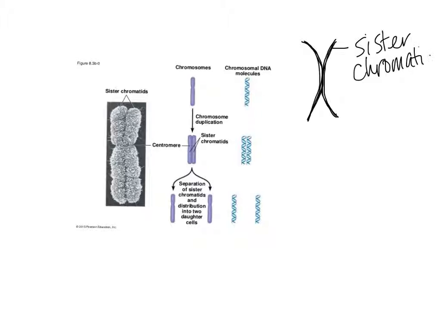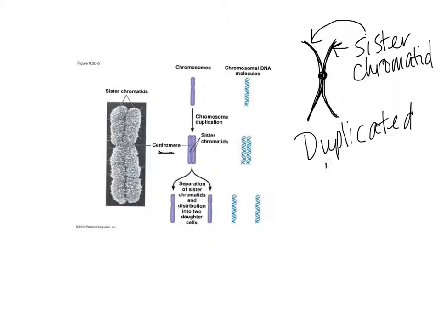Remember how we replicated it? So this is going to be one copy, and the other sister chromatid on the other side is the other copy. They're held together in the middle, as we'll see here, by a centromere. Oftentimes I call this a duplicated chromosome, because it consists of two identical copies of the same information.